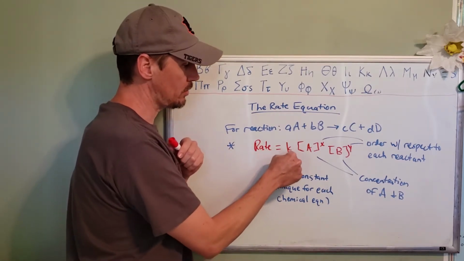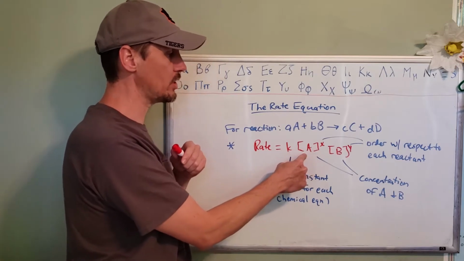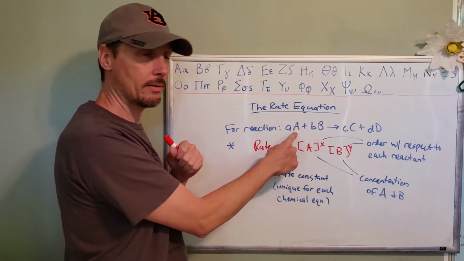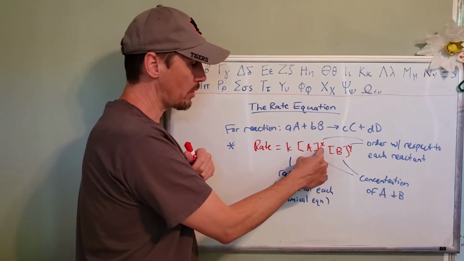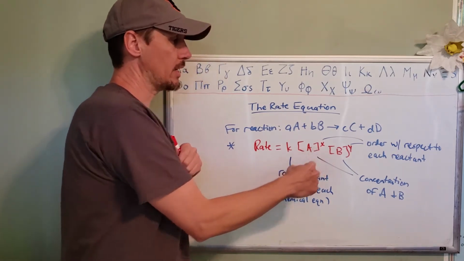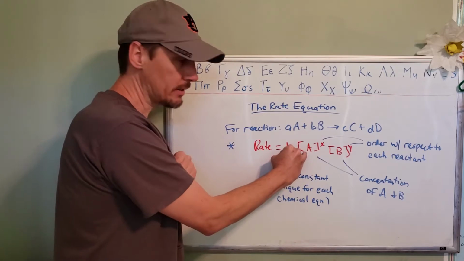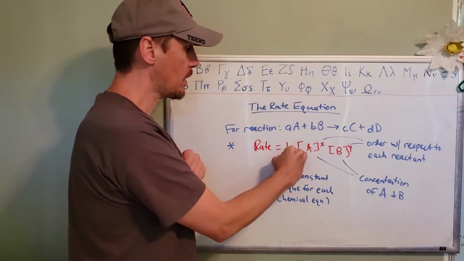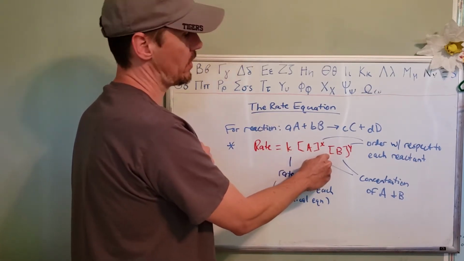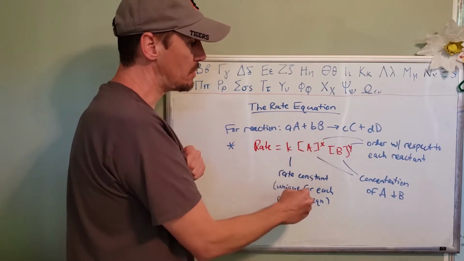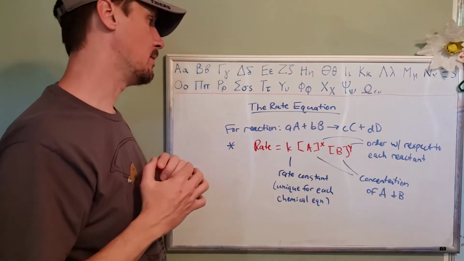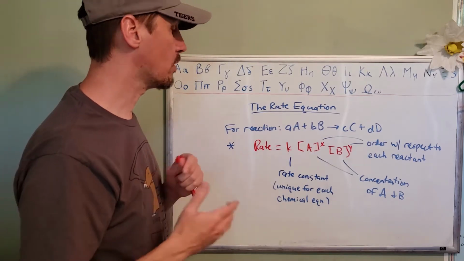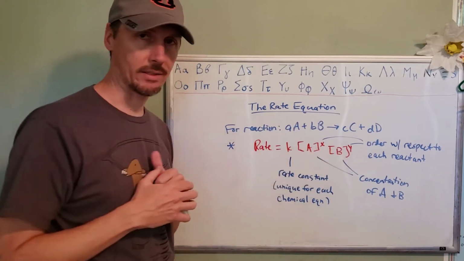The rate is equal to the rate constant times the concentration of chemical A raised to a power that is going to be the order of the reaction with respect to this particular reactant. That's a value that I'll have to give you, times the concentration of the next reactant, which in this case is B, raised to the power of whatever the order of the equation with respect to that reactant is, okay?